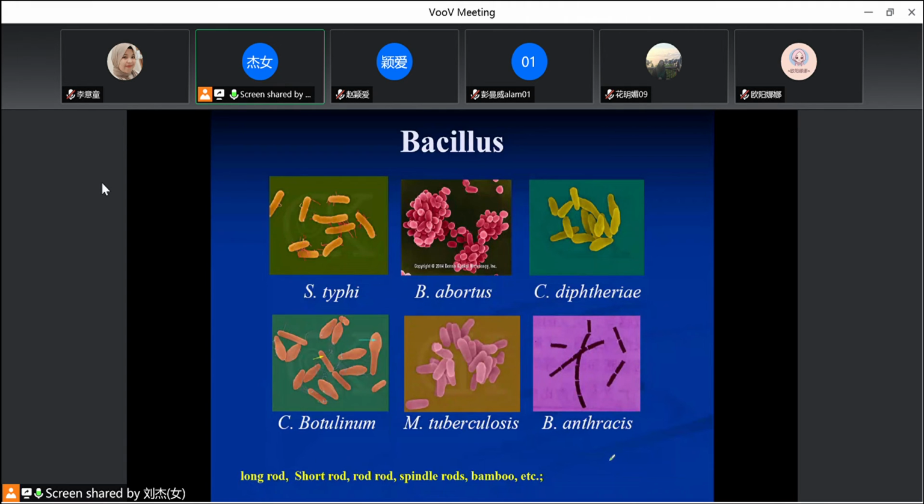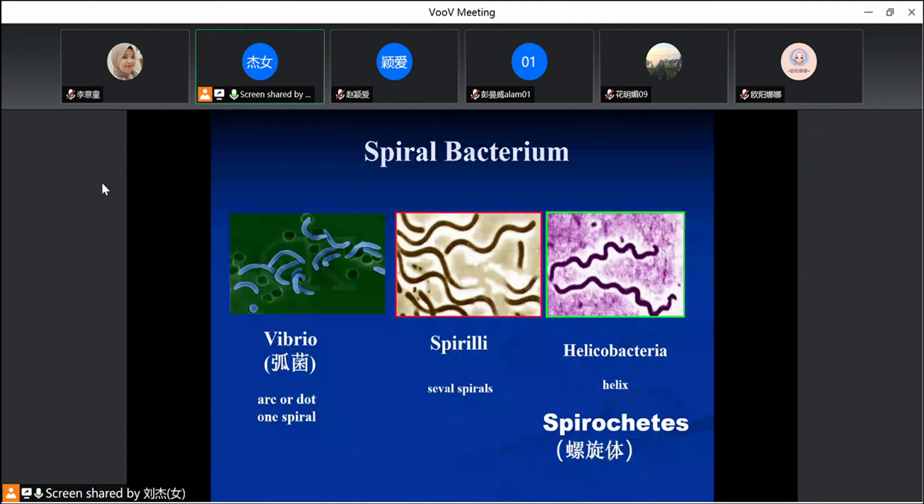Okay, now let's move on. Spiral bacteria include the first one, curved, so it's called spirally, like this. And some of them look like a banana or look like the moon. They have the name Vibrio.